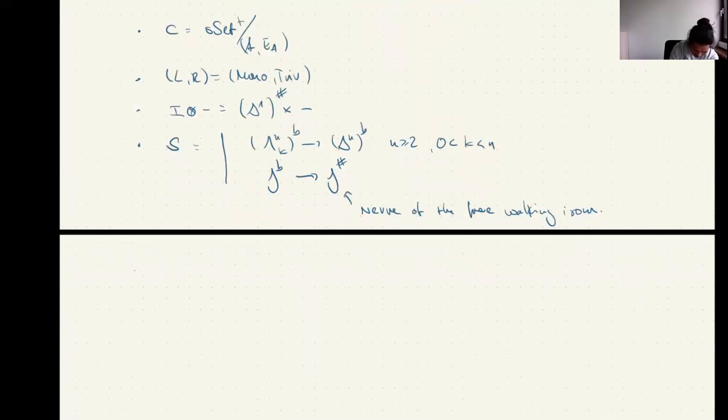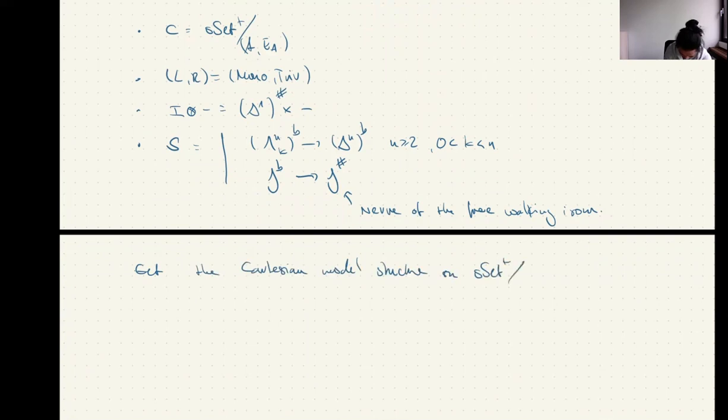So then what we get is the Cartesian model structure on this category, which is due to Lurie, and in fact, he proves this in the case where the target is of the form A sharp, so where every edge is marked, just because that's the only thing that he needed.